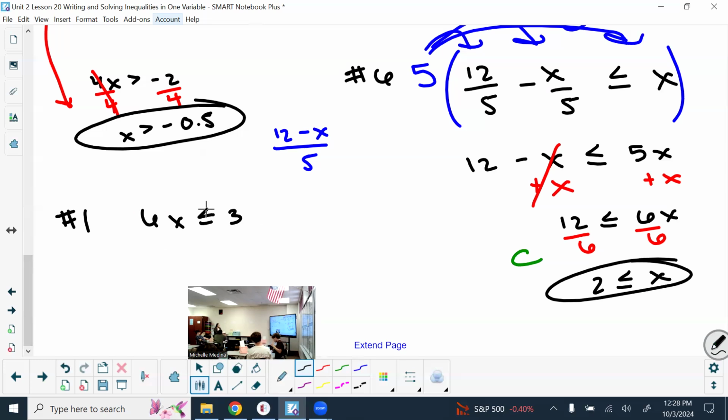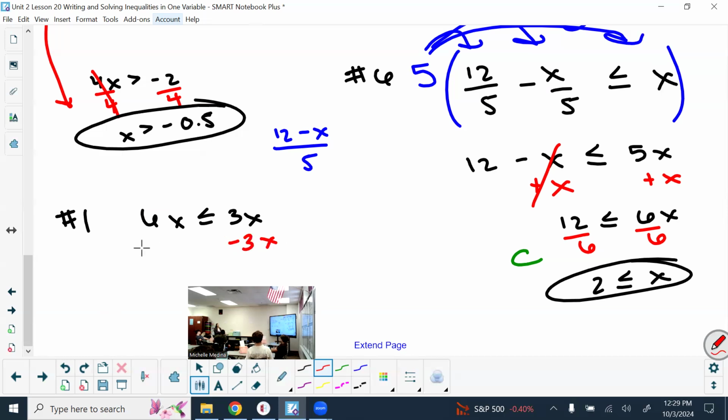6x less than or equal to 3x. So do I need to distribute? Do I need to combine like terms? Only like side, like left side, there's no like term. Right side, there's only one term. But no, you don't have it. You do need to move the variable to one side. And which one do we always recommend you move? How would I move the 3x?